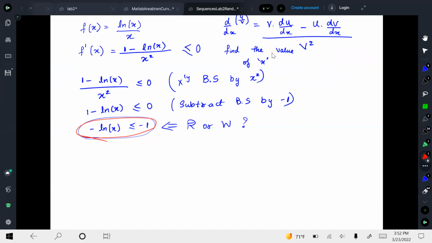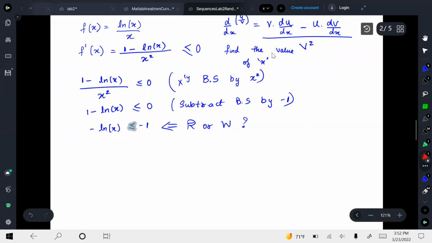Whenever you are introducing a negative sign to the inequality, the sign has to change. Now, the negatives will get cancelled because you have a negative on both sides.